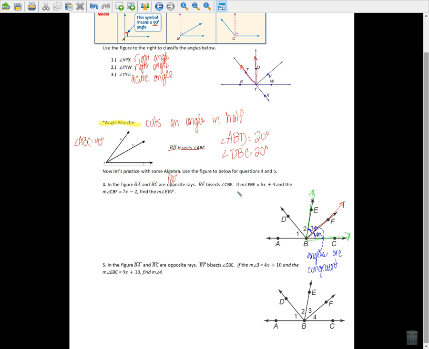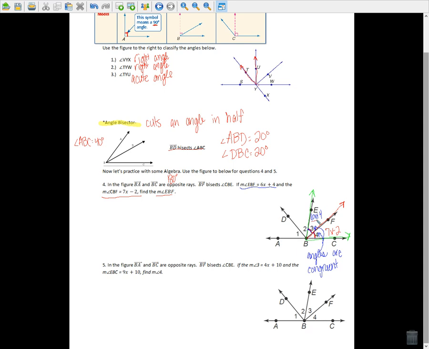So these angles are congruent, which means they are equal to each other, angle 3 and angle 4, and that's because this angle bisector cuts this full angle in half to where both of these are equal to each other. Okay, now it says if the measure of angle EBF is 6x plus 4, and we said that CBF was 7x minus 2, they want us to find the measure of EBF. Now, in order to do this, notice we have already made these looping marks on our angles that tell us, hey, these are going to be congruent.